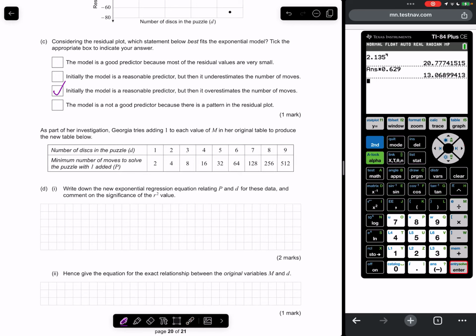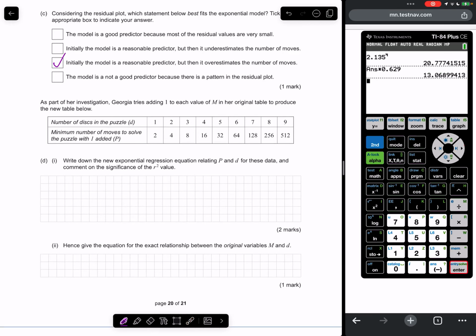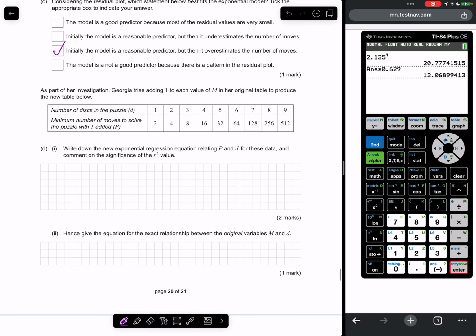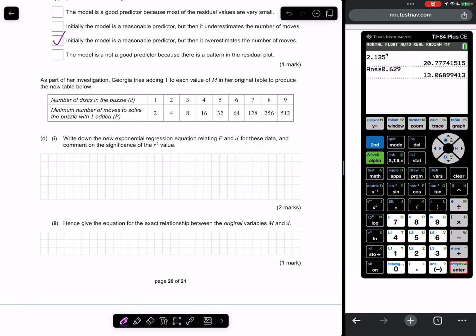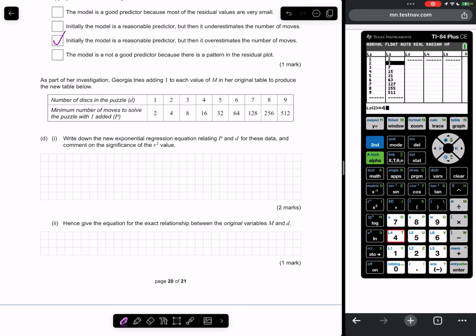As part of her investigation, Georgia tries adding 1 to each value to produce the new table below. What's the new exponential regression? So now it's 2, 4, 8, 16, 32, 64, 128, 256, 512. What's the new regression?